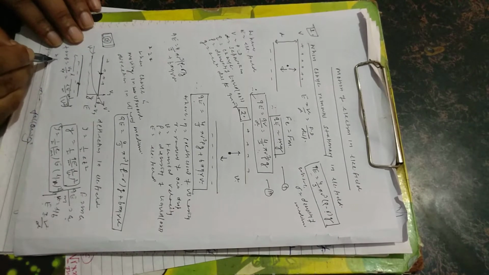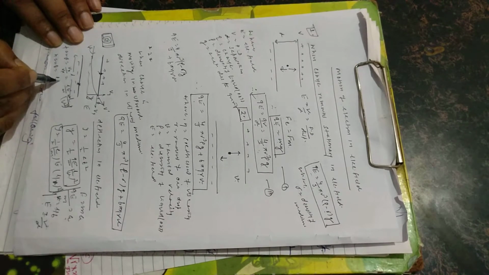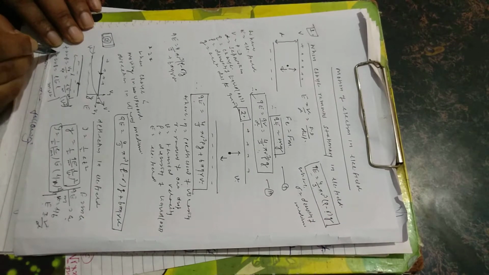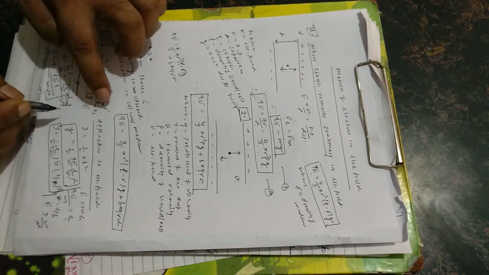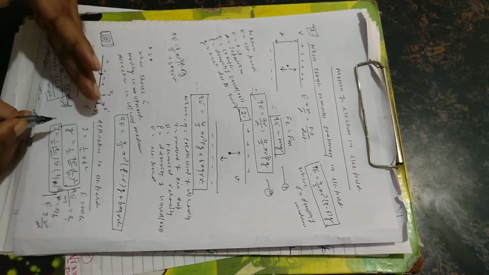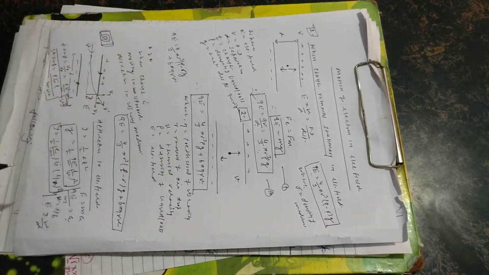So tan theta equal to eEL by mv square. This is the angle. And last, what is the final velocity when the electron, when the charge, emerges?